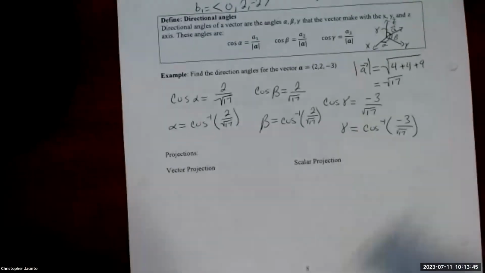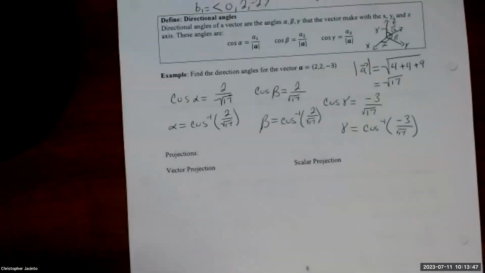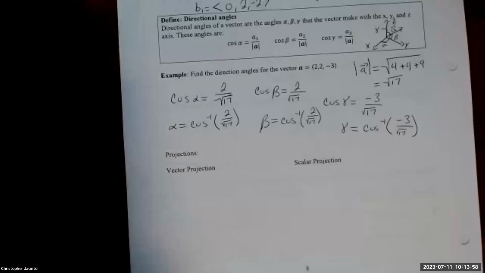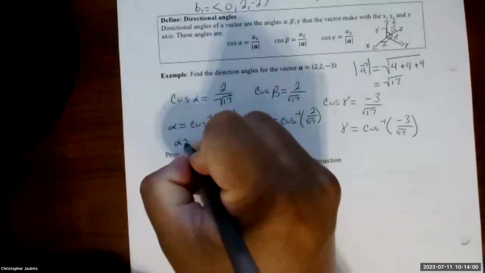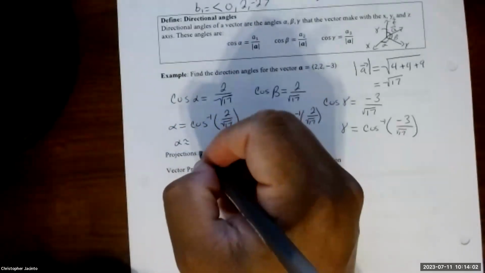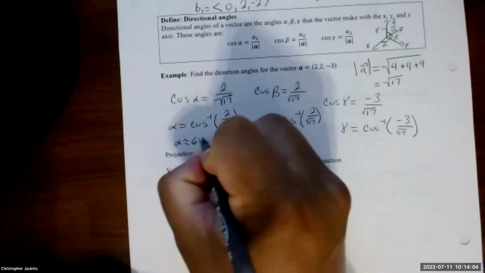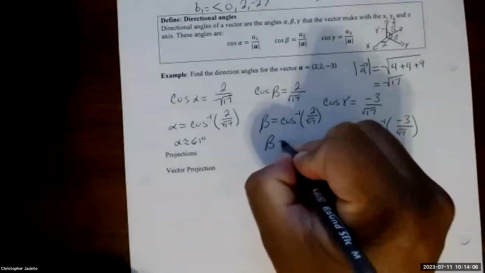There we go. Usually I would leave it like that, but just in case you really want to find the exact values, I'll do it for you. Alpha is approximately, to the nearest degree, 61 degrees. Beta is the same.